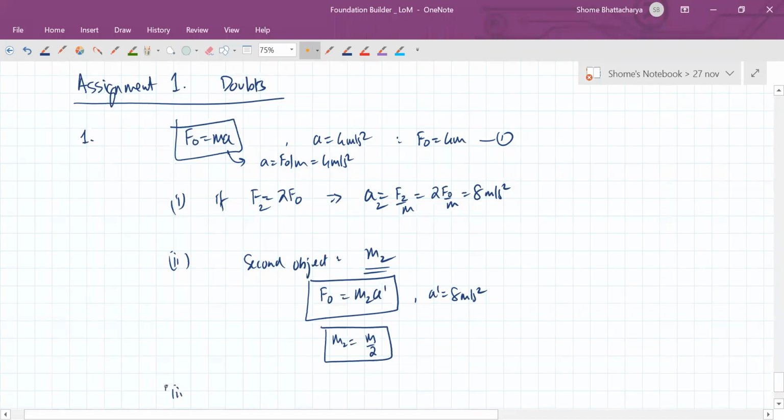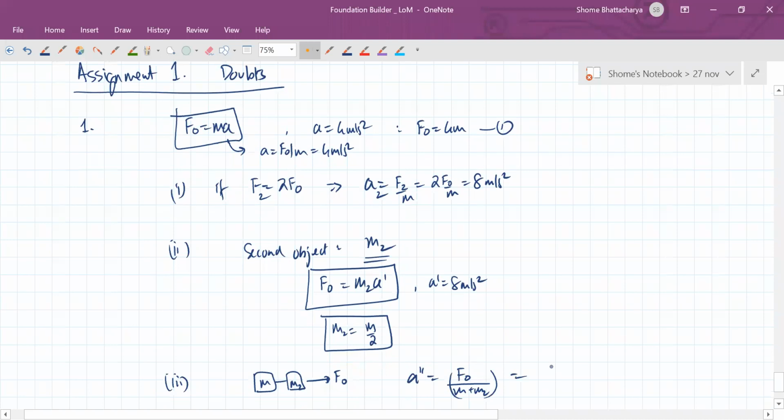So now the third part. What is happening is that the two objects are tied together. So this object m and this object m2, they are tied together, and you are applying the same force F naught. So now you have to find how much acceleration the system will have. So this acceleration, let's say a double prime, will be the force divided by the combined mass.